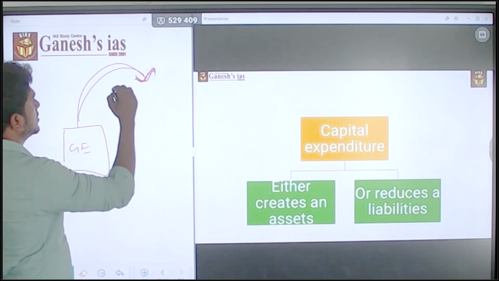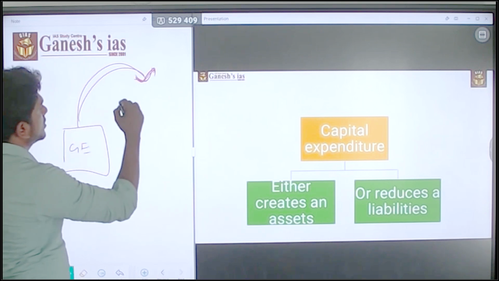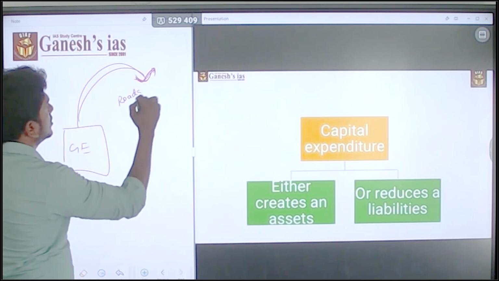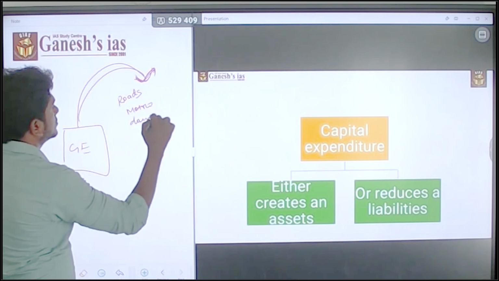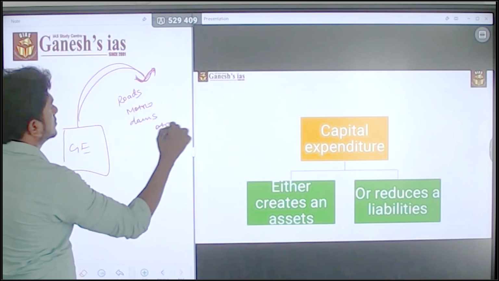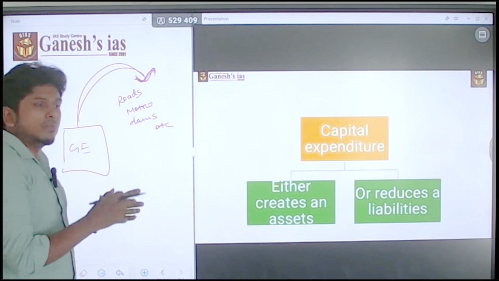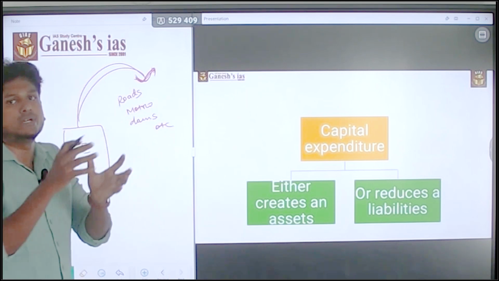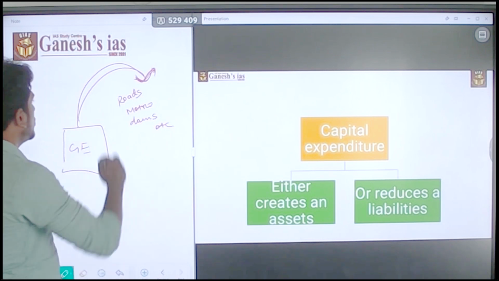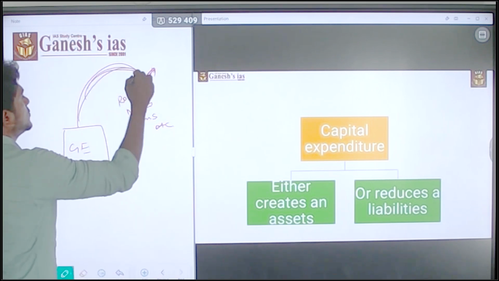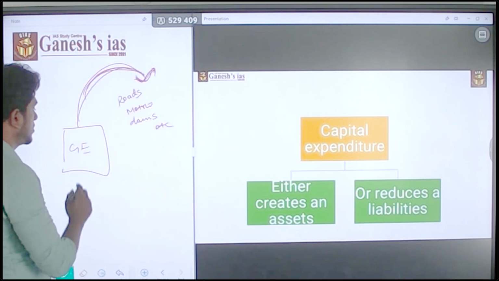Either the government has a thought of creating assets, such as construction of roads, metros, dams, etc. For that they are going to spend certain money, so the money is moving away from the government's exchequer. So that is called capital expenditure.